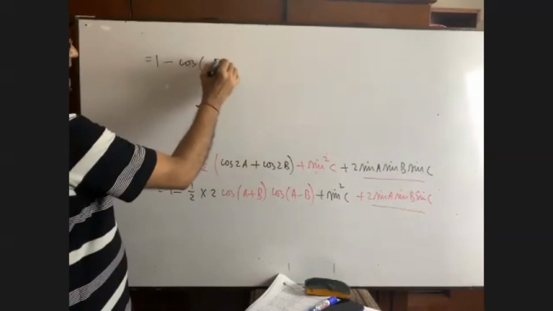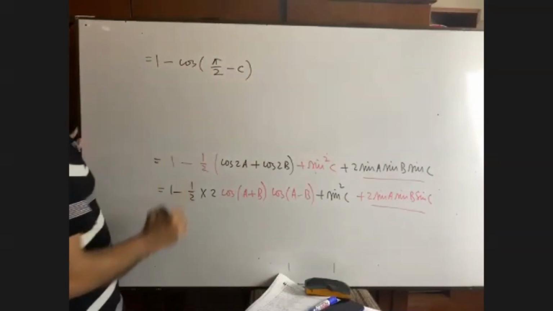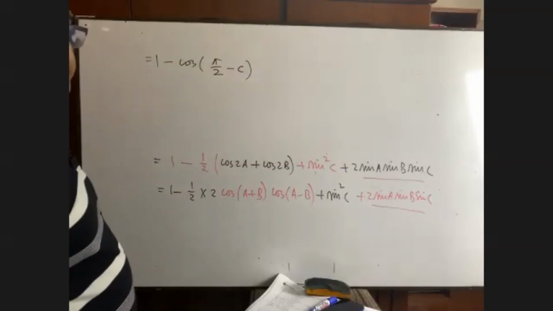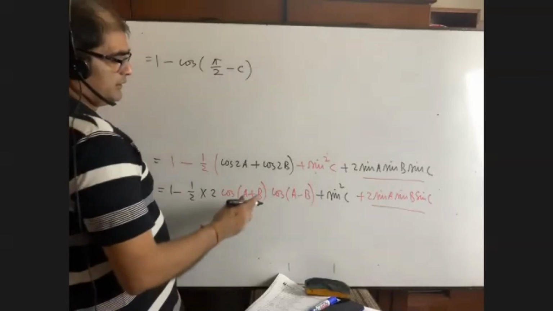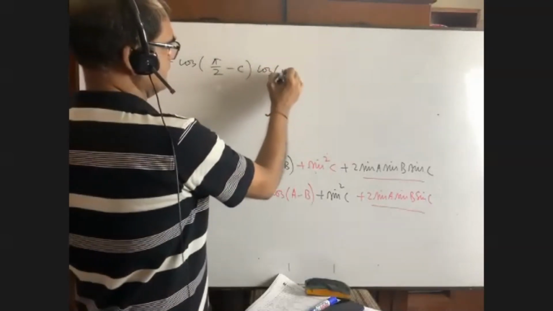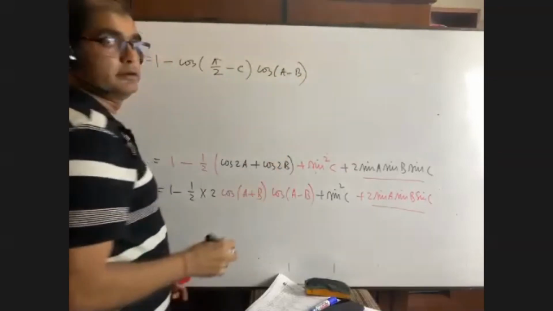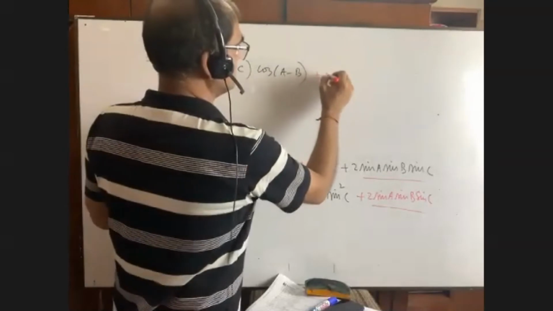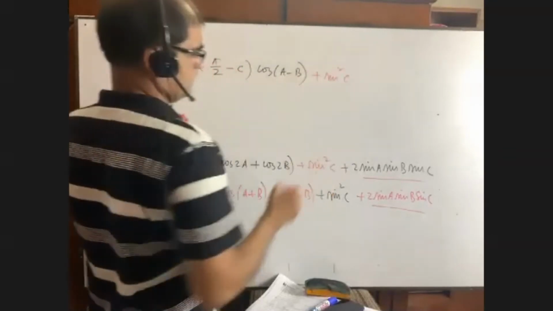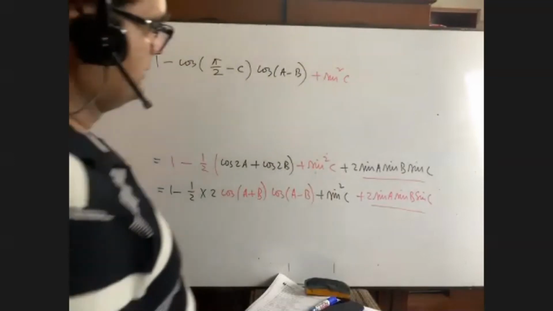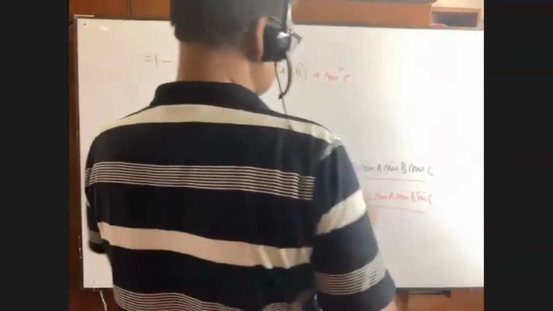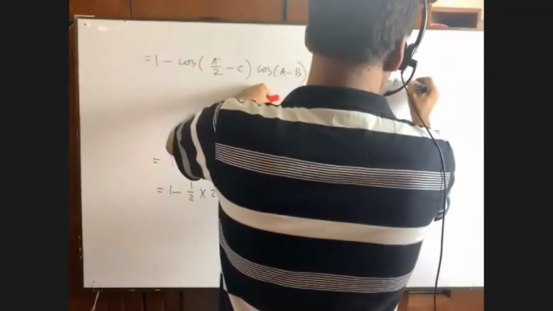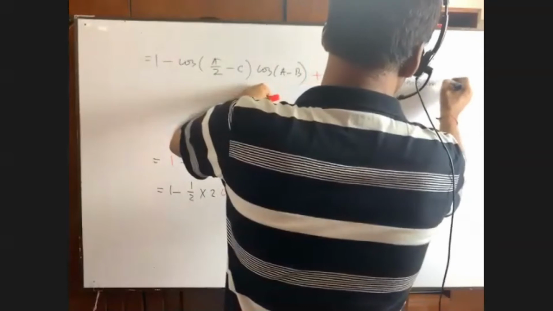It is pi by 2, not pi. Cos of A minus B. Then it is again sin C cos C. Then we get the last term as it is, 2 sin A sin B sin C.